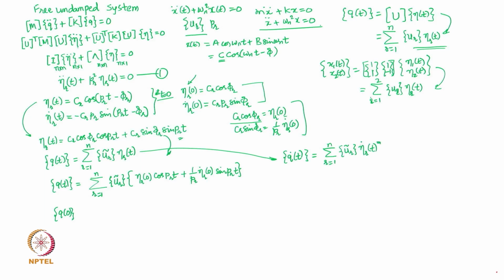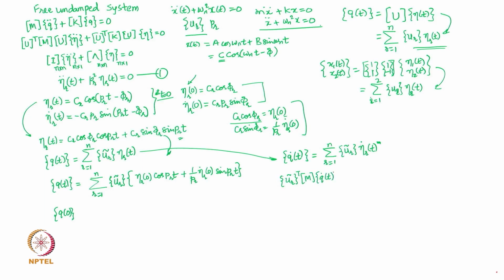Okay, now what I do is I pre-multiply both sides by ur transpose m.